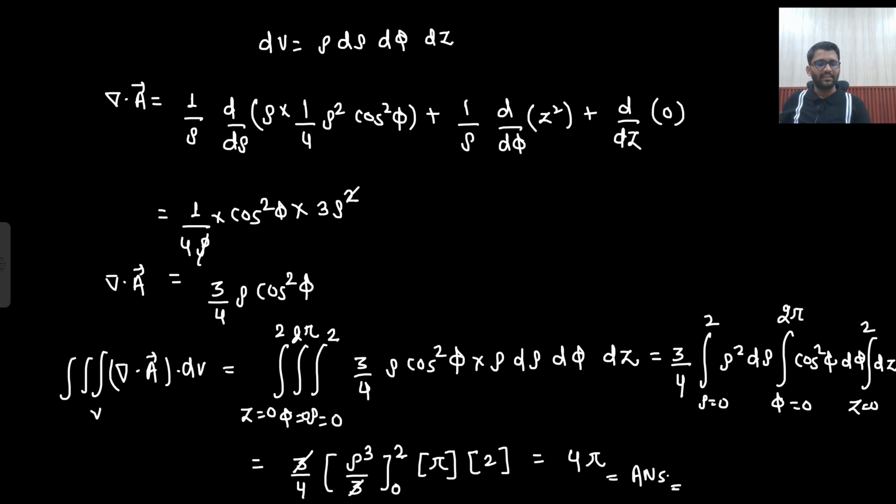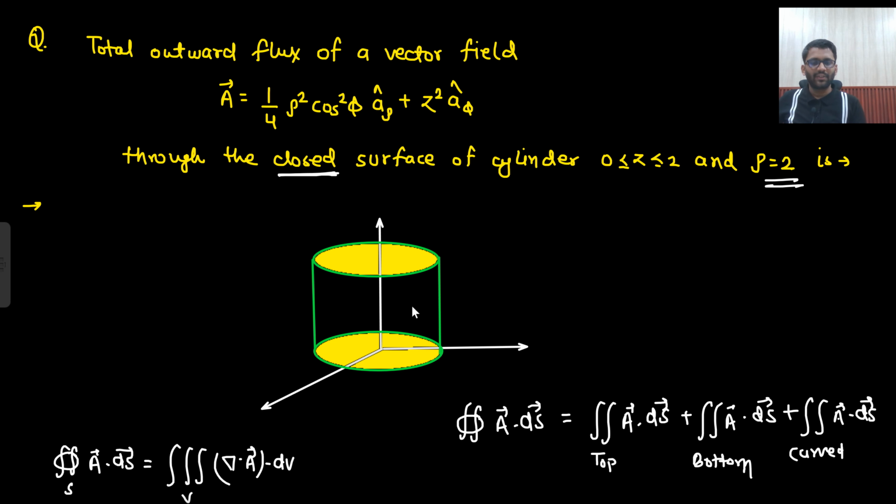Right? Very easy. You can solve it using top, bottom and curved as well, like you find these separately. Yes, this kind of question we have seen in the previous video where we found it separately. Now you can go back to the previous video and solve that problem using this divergence theorem.